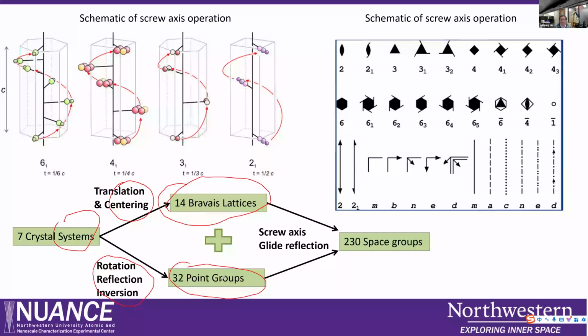That's why, if you want to describe the symmetry of a molecule, you use a point group. But for solid state materials, you will usually describe them using a space group. Basically, you add these two together and you get 230 space groups. So the space group contains all the information in 3D.